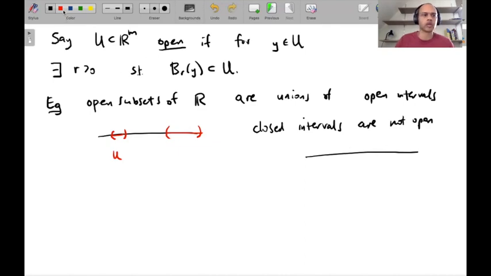If instead we took a closed interval, so we include the endpoints, then this set is no longer open because around this green point, every small ball, any radius r, is not going to be contained in this set.